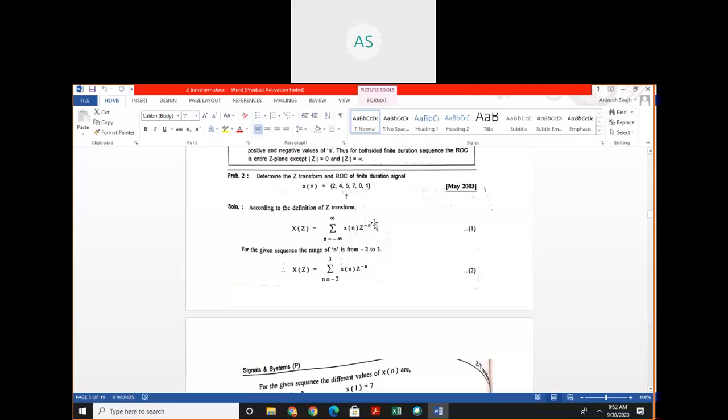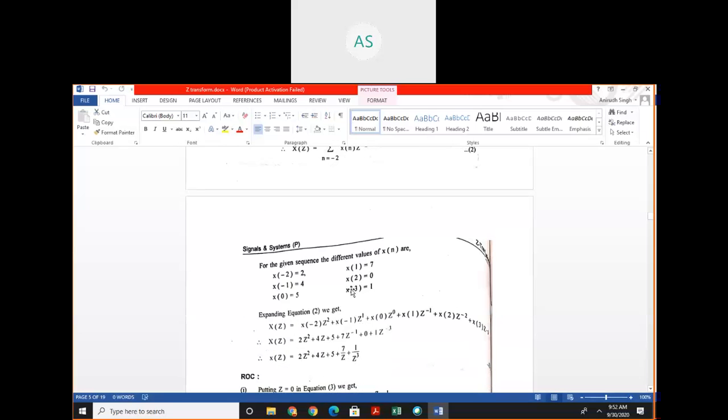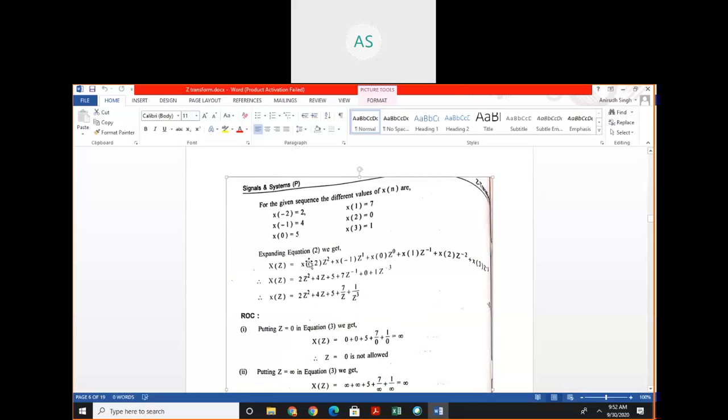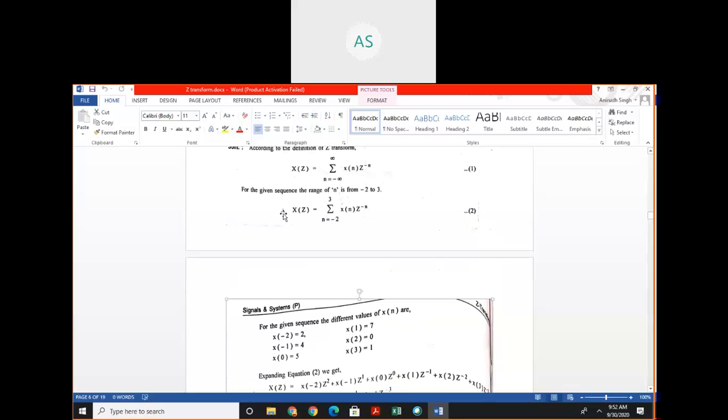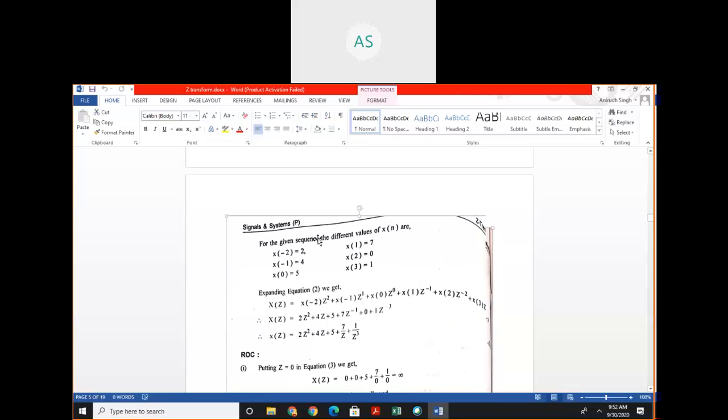Determine the z transform and ROC of finite duration signal if x of n is given by this sequence. Then, according to the definition of z transform, x of z is given by summation n is minus infinity to plus infinity x of n z raised to the power minus n.